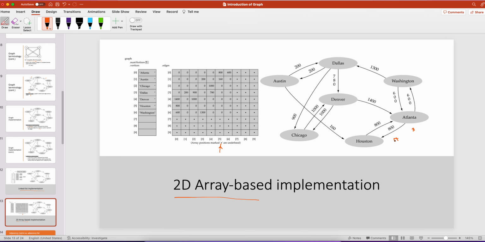So 800. And Atlanta to 6. 6 is Washington. So Atlanta to Washington is 600. So here it is 600. We can easily understand how we could use this two-dimension array to represent real world information.